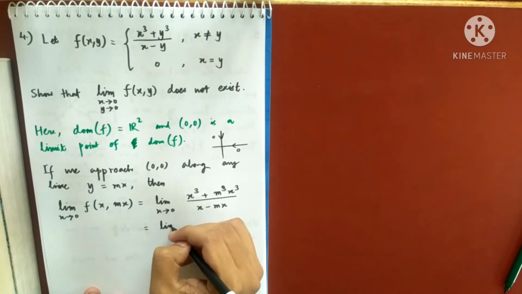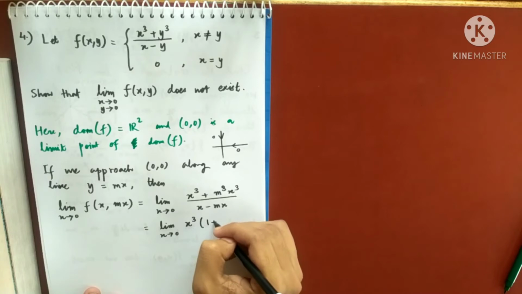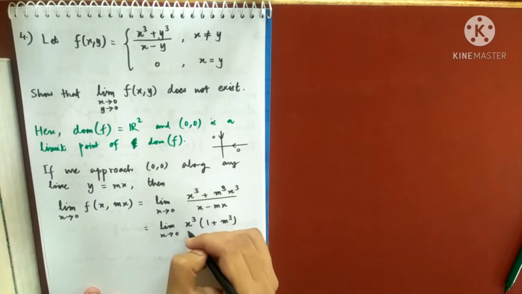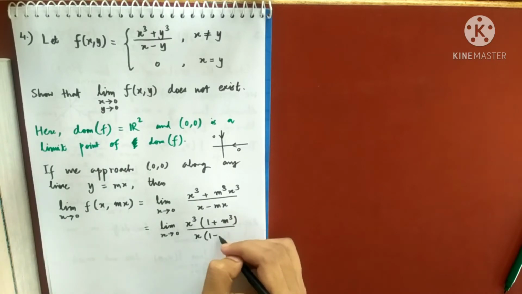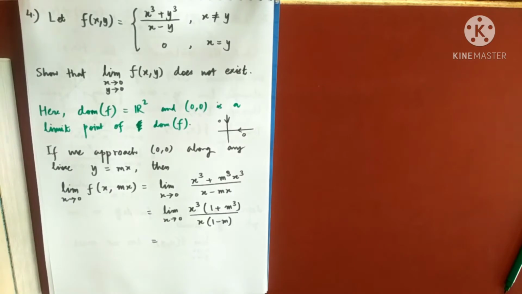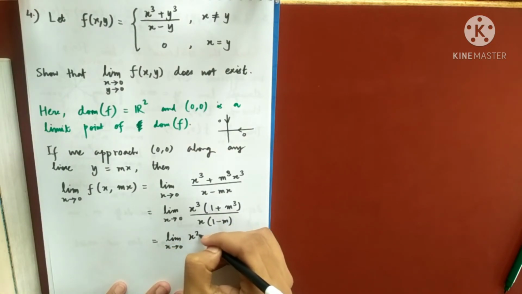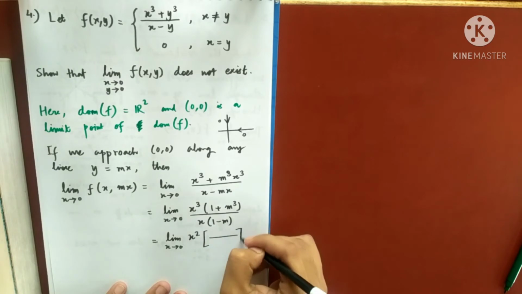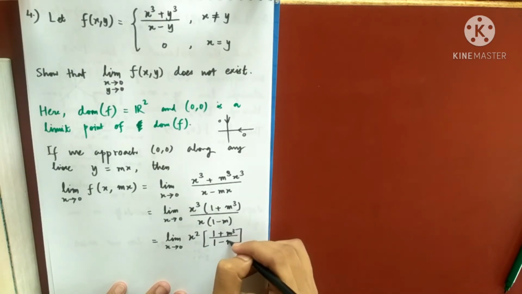Take x cube common from the numerator, remaining with 1 plus m cube, and take x common from the denominator, so 1 minus m. One x will get cancelled. What will I remain with? Limit as x tends to 0 of x squared into (1 plus m cube) by (1 minus m).